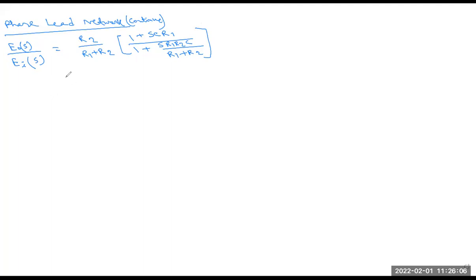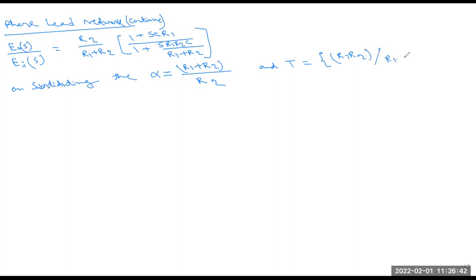Okay. So on substituting, we have to express the alpha here also. This is (R1 plus R2) by R2. And this T equals R1 R2 divided by (R1 plus R2) in the above equation.